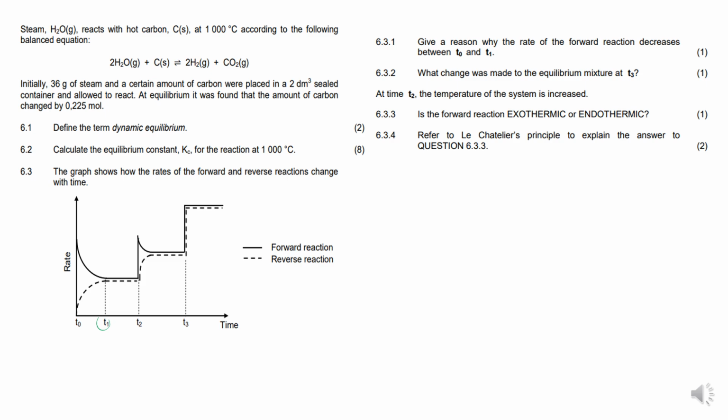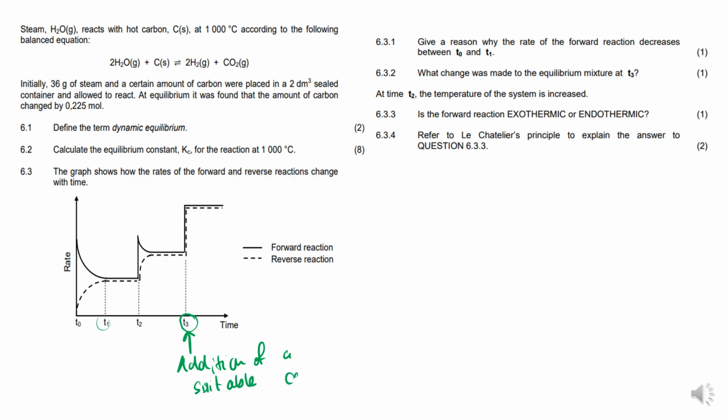And then at T3, there's a change that happens. But that change results in both the forward and reverse reaction rates increasing and reaching a higher reaction rate. So it means that at T3, it must be that there is an addition of a suitable positive catalyst, right?